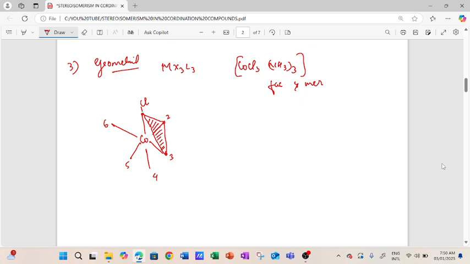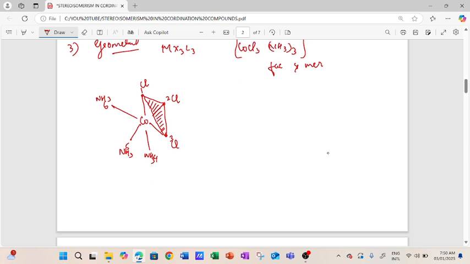For example, if it is chlorine, all the 3 positions should be kept with chlorine and the remaining positions with NH3. Here you can see NH3 I am arranging in the remaining positions. Instead of 1, 2, 3, if you take 1, 6, 5, that is also a single plane, the same face having 3 corners. Any particular face you select and arrange the ligands accordingly. So that is FAC or facial.